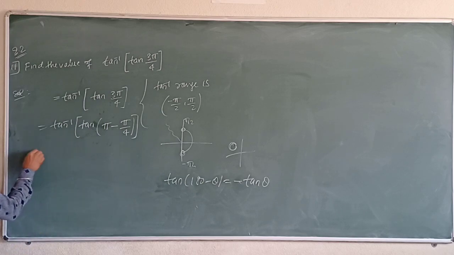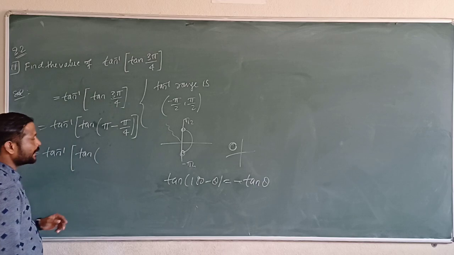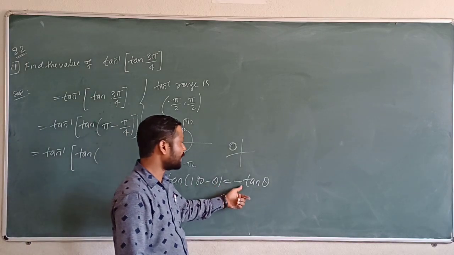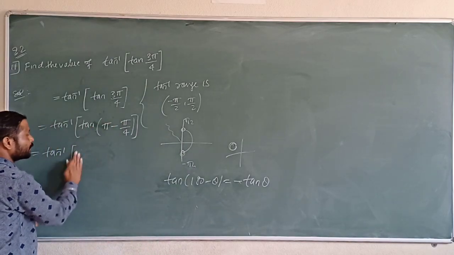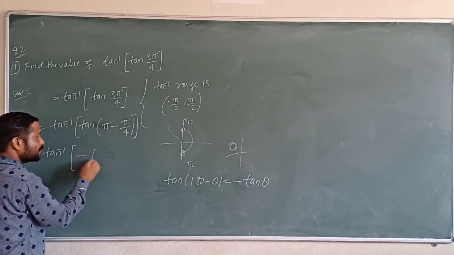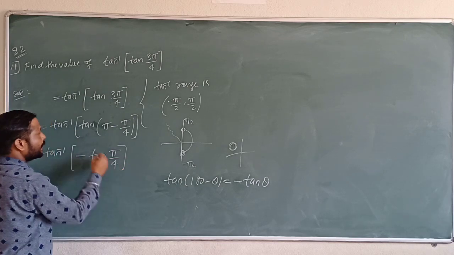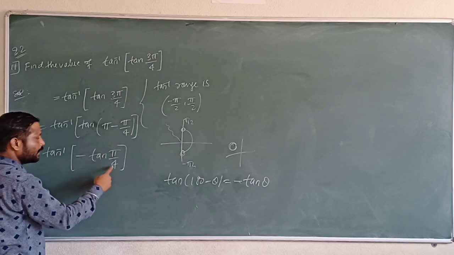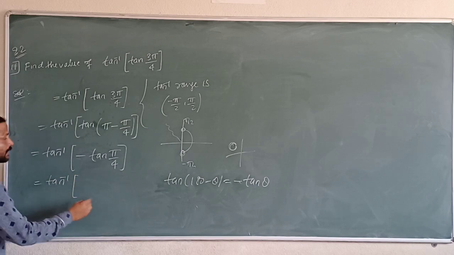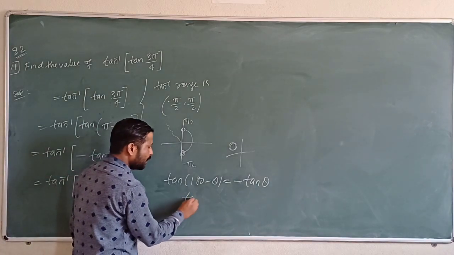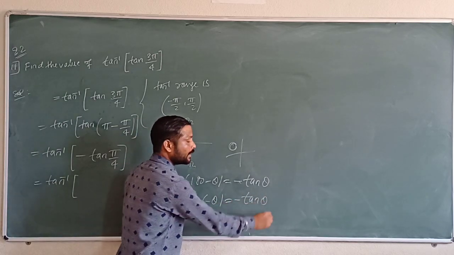Now it is tan inverse of tan of 180 minus theta, which is minus tan theta, meaning minus tan of pi by 4. Then recall another property: tan inverse of minus theta is minus tan theta for negative angles.